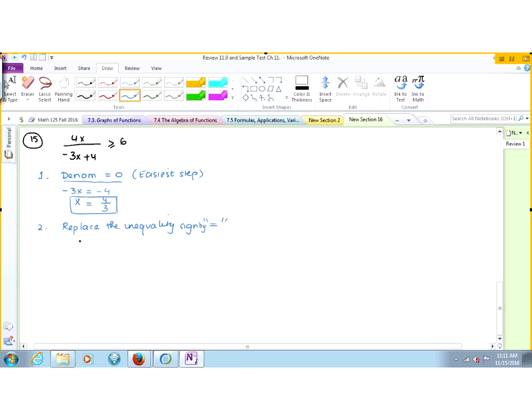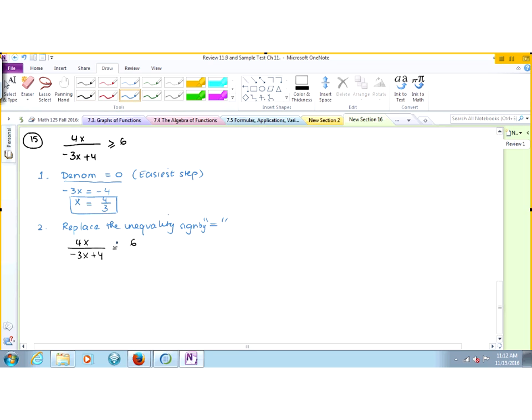Always, all the time, for any inequalities. So we have 4x over negative 3x plus 4 is equal to 6. We don't have to subtract. We're just going to solve it.